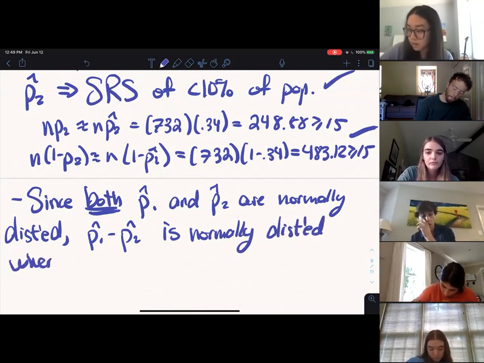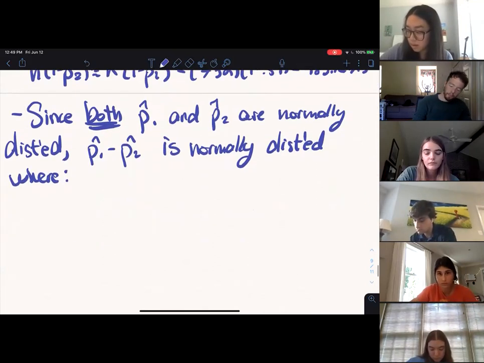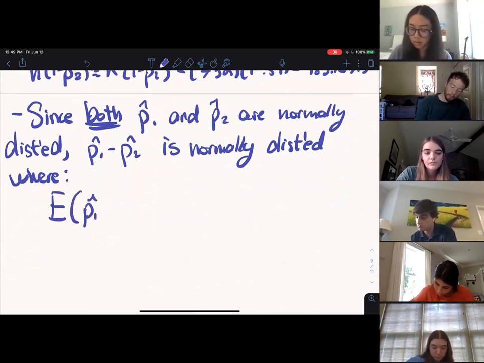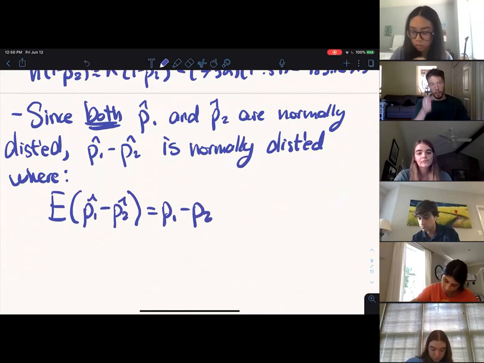Where it's centered, its expected value is exactly the population difference. So that's good. We're centered at what we want to be.